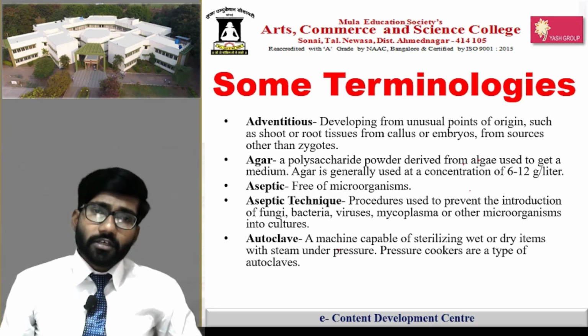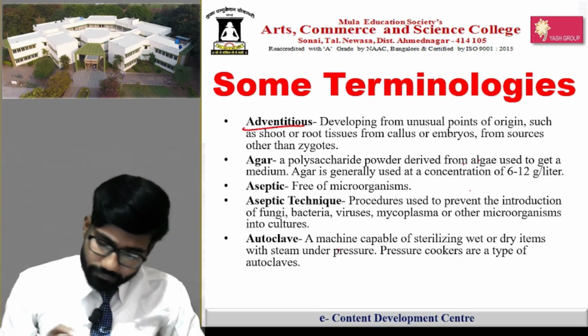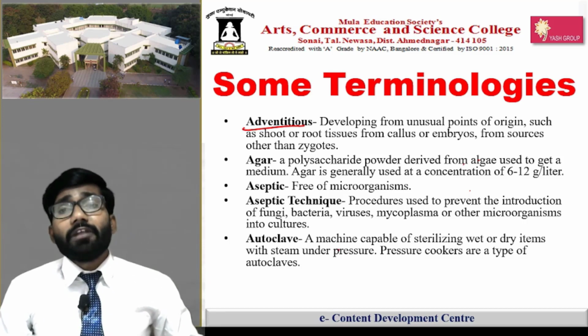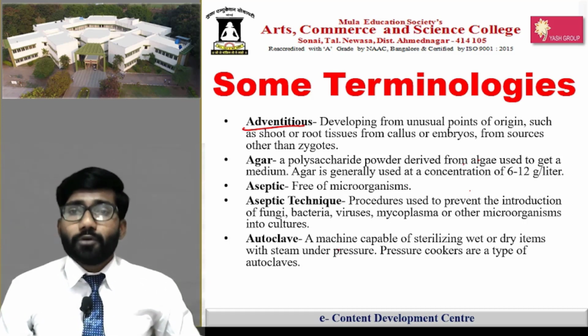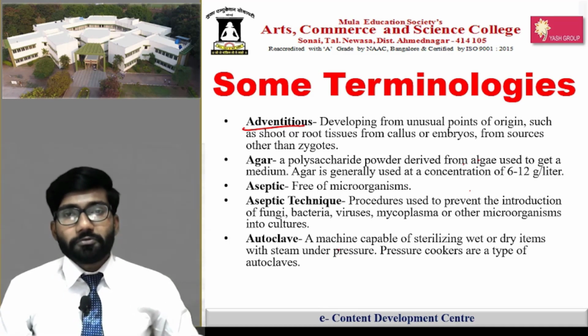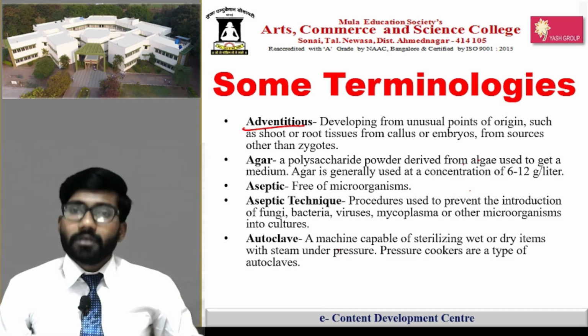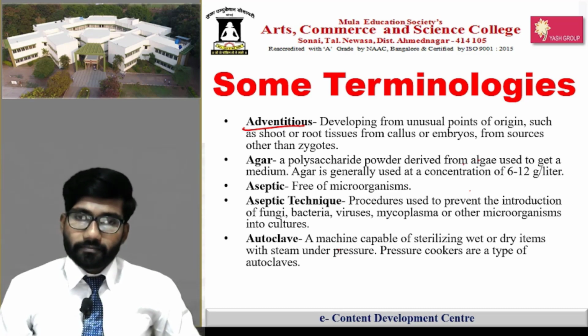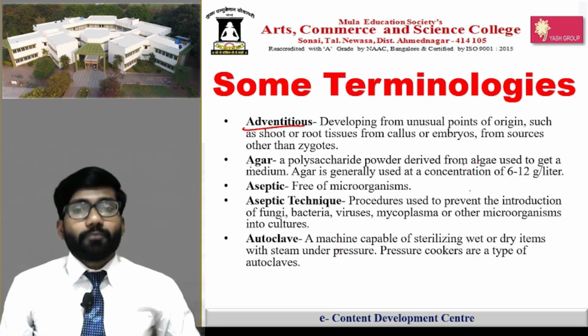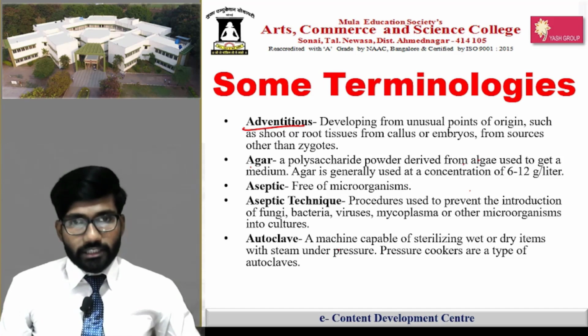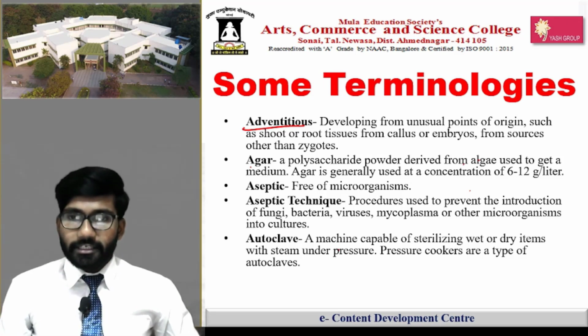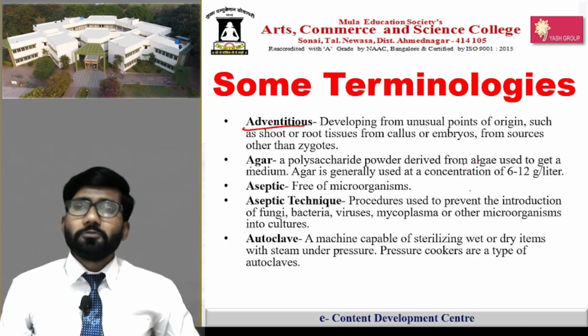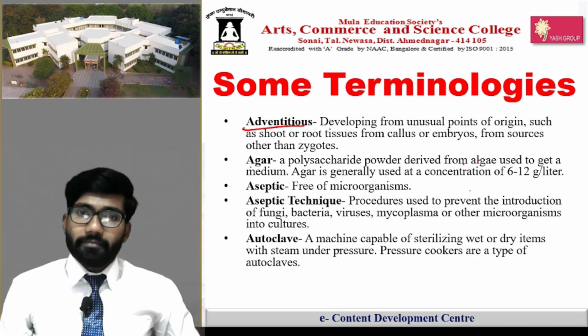The first one is adventitious. Adventitious means development from an unusual point of origin, such as shoot or root tissues from callus, or embryos from sources other than zygote. Agar. Agar is a polysaccharide powder derived from algae, mainly Gelidium, used to gel a medium.